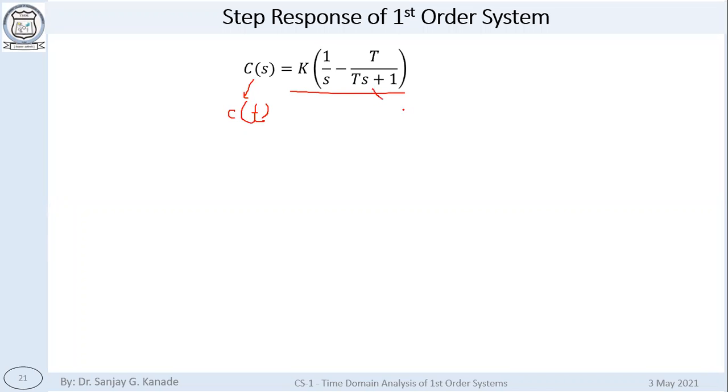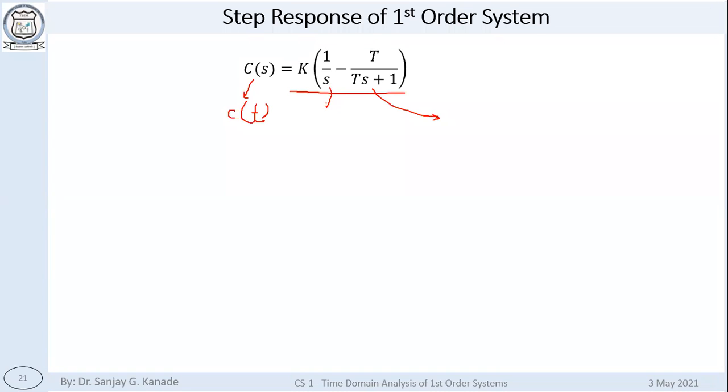This term is similar to the one that we have seen in the impulse response case. T upon (Ts plus 1) is not the same term per se, but it is a similar representation, C upon (S plus A). So you can apply that formula here.